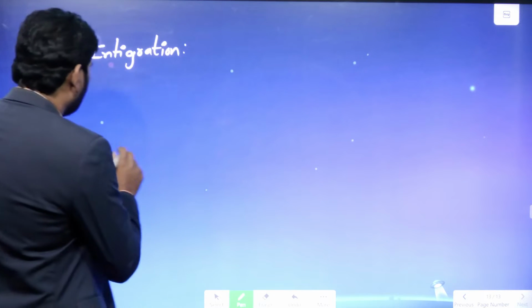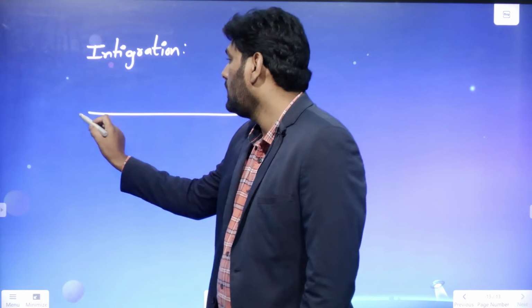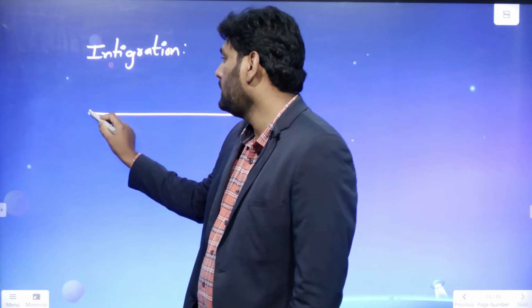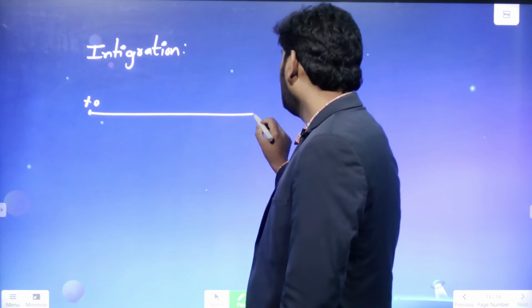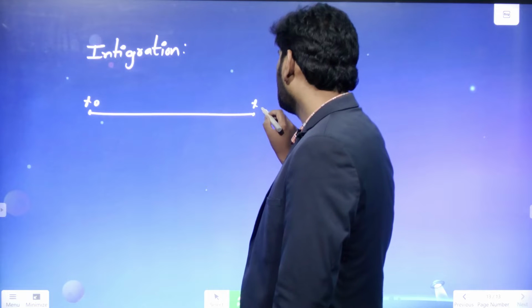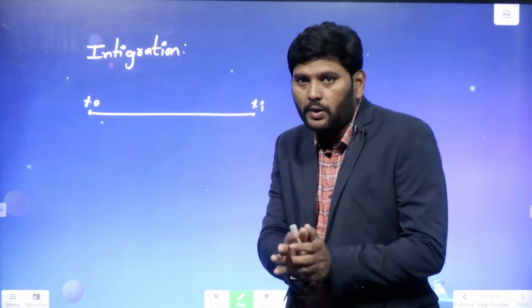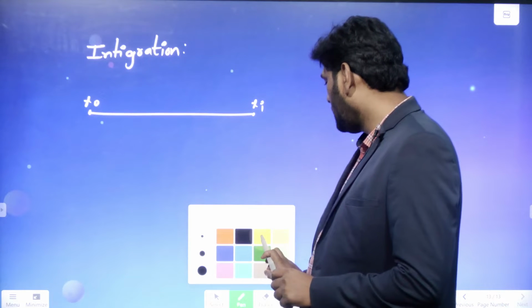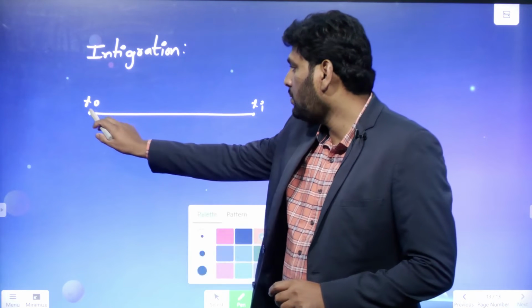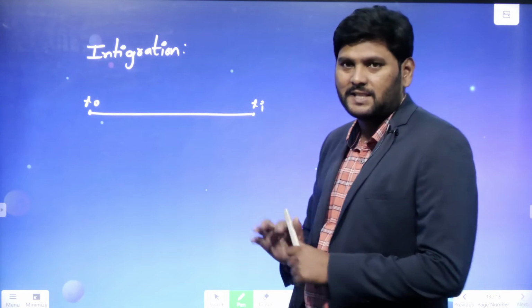Look here. First of all, let me take a length. Let us take this point x0, and this point xi. So this is some length. I am giving an example of how to take the differentiation. In this length, the initial point is x0 and the final point is xi.